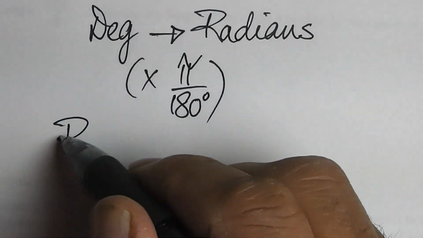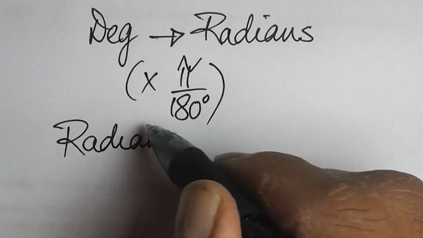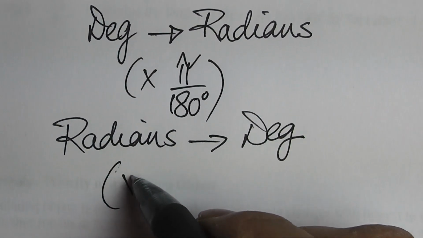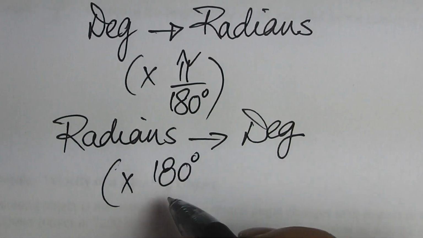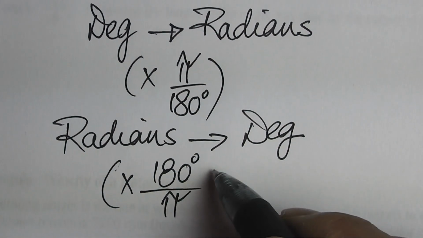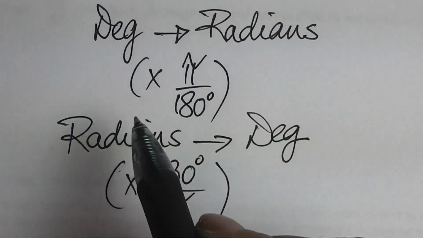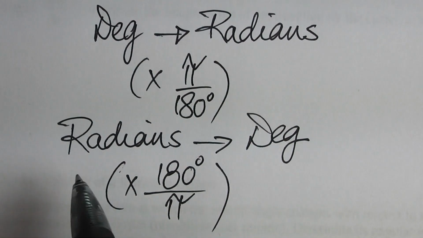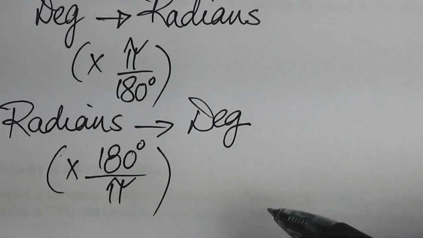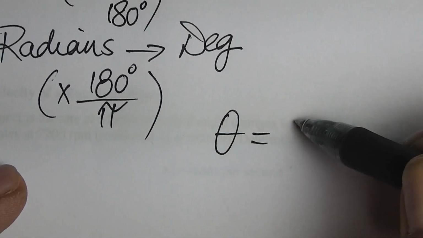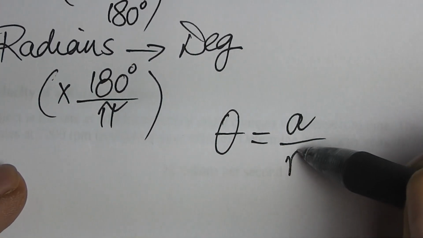To go from radians to degrees, our conversion factor is 180 degrees over pi radians. I said two things, but there's just three things. You need to know how to go from degrees to radians, from radians to degrees, and you need to know how to use this formula. The angle subtended by an arc is equal to the length of the arc divided by the radius.